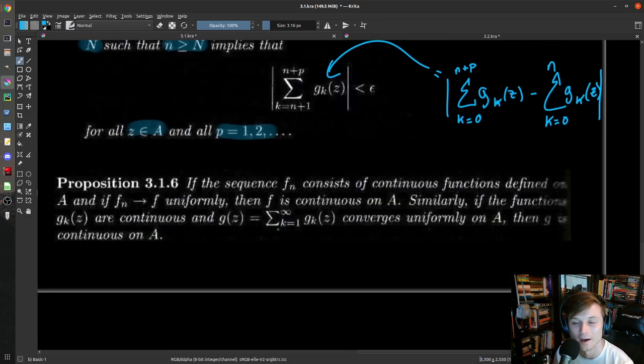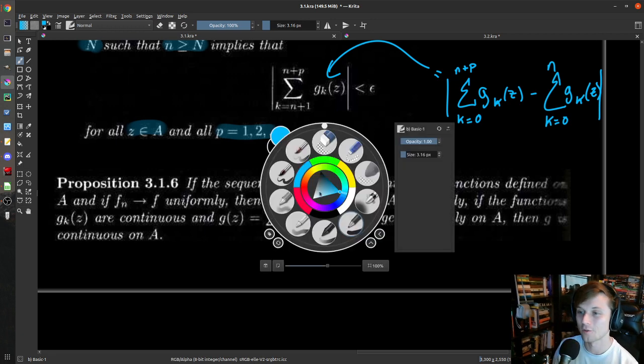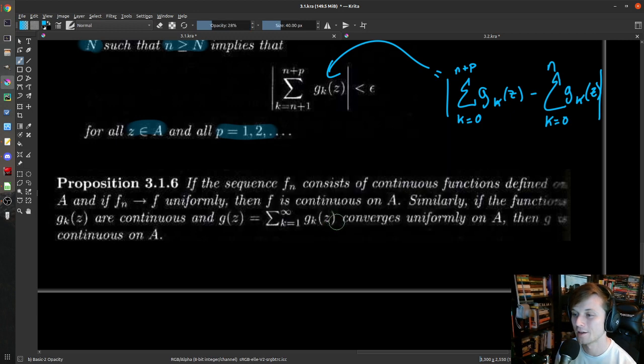And what we'll get to is a nice little proposition, our first maybe non-trivial result in here. I don't want to say these other things are trivial, but they're more like Calc 2 stuff.